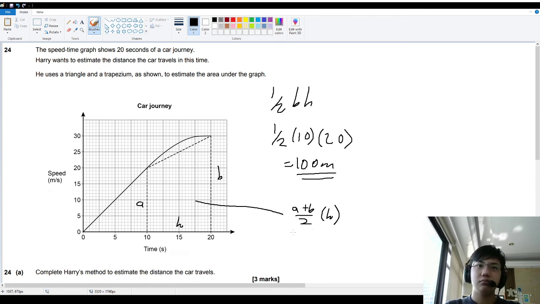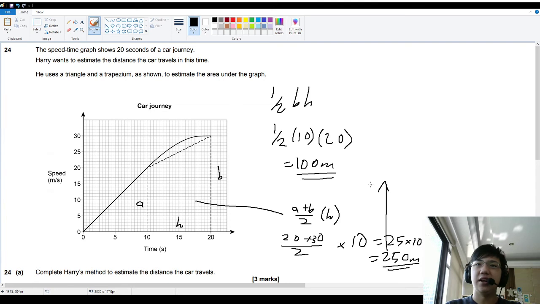So what we can do is side A, 20, plus side B, which is 30, according to this graph, divide that by 2, then multiply it by the distance between 10 seconds and 20 seconds, so 10. So 20 plus 30 over 2 times 10 equals 25 times 10, which equals 250 meters traveled.